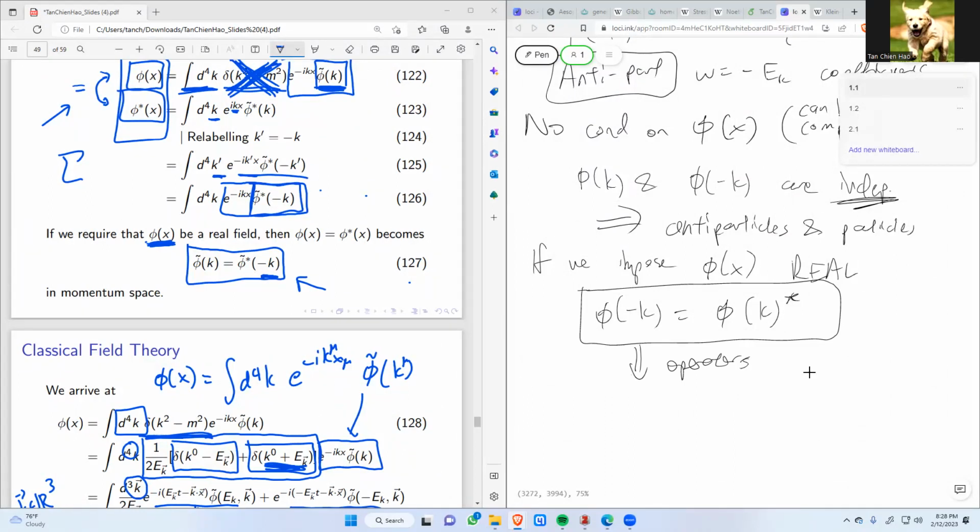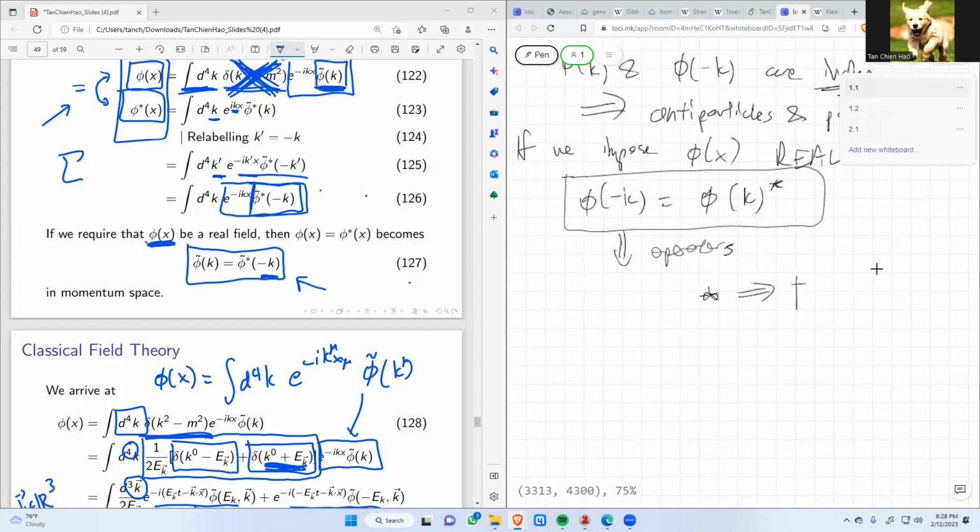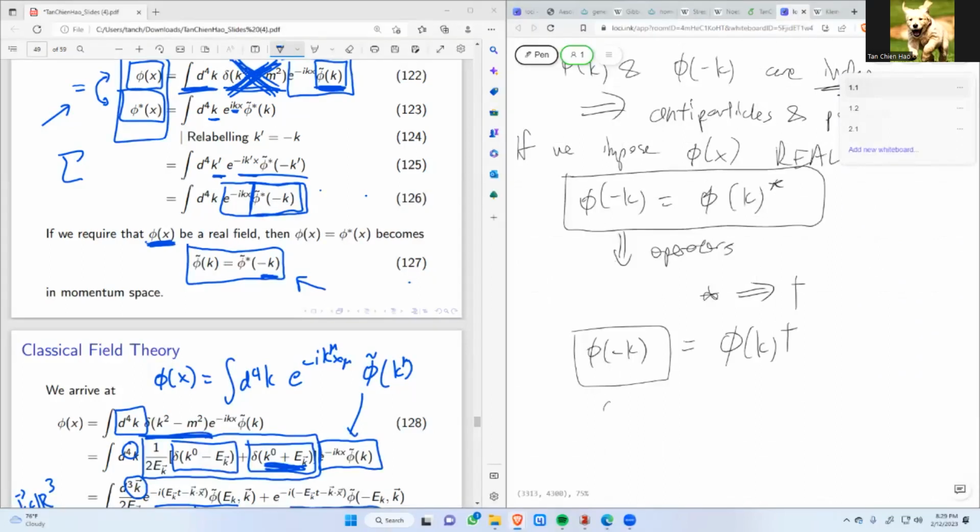When we promote these to operators, complex conjugation becomes a Hermitian conjugate. So essentially this is saying phi of k dagger equals phi of minus k. And this is known as a destruction, or annihilation operator.